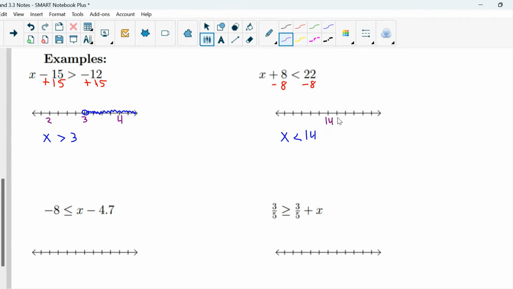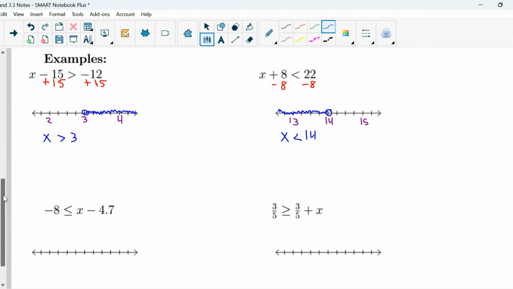We have 14, the value above could be 15, and the value below could be 13. Right here, we have just a less than symbol. So let's plot an open point. Our variable is on the left, so we will shade the direction that our inequality is facing, which would be less than 14.